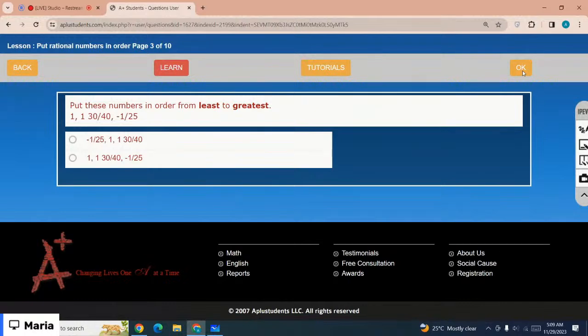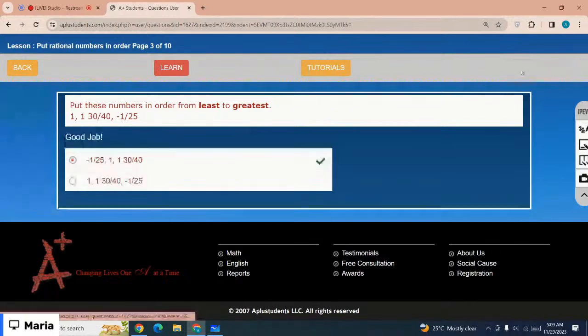Which option is the correct one? You have to arrange from least to greatest. So the negative number is the least one. Option 1 is the correct option, that is negative 1 over 25, 1 and 1 whole 30 over 40.